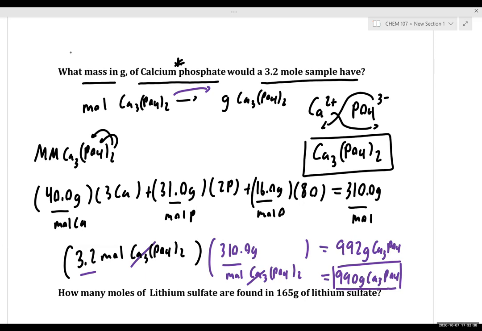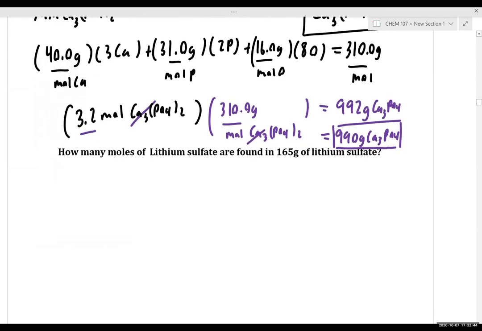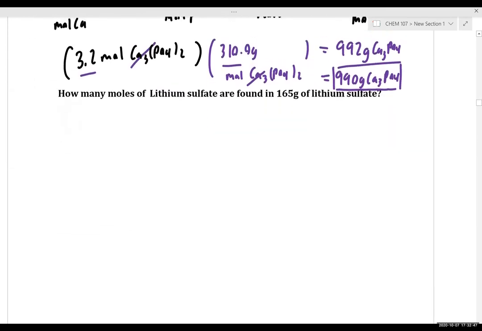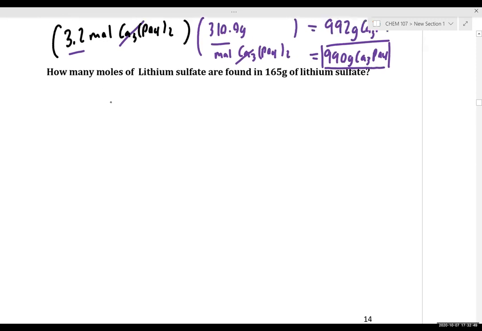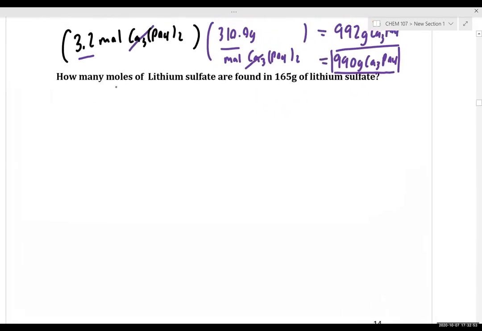Perfect. So to test that we're comfortable with this kind of problem, let's look at this next example. I'd like you to calculate how many moles of lithium sulfate are found in 165 grams of lithium sulfate.